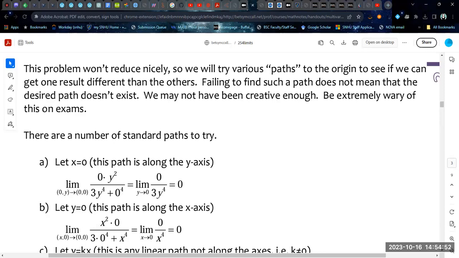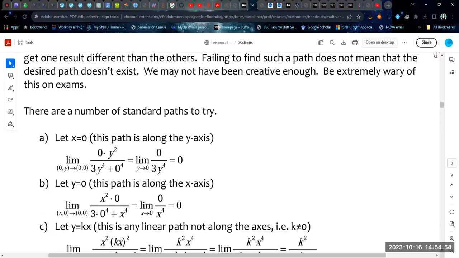Now, with the strategy of using paths, you have to be careful, because if you don't choose your paths very cleverly, you're going to end up getting the same answer all of the time, and it still may not be defined. But the idea is, for instance, you can go into the origin along one of the axes.